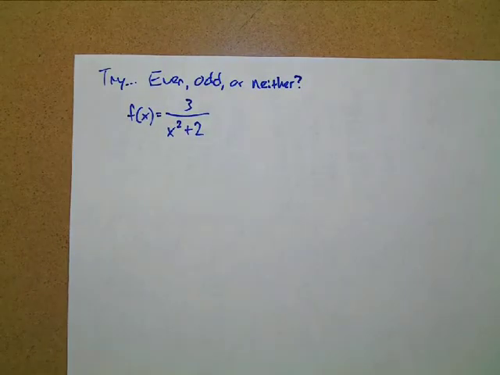So, an even function is just any symmetry with the y-axis. Correct. As long as you have reflectional symmetry over the y-axis. And then odd is just rotational symmetry about the origin.